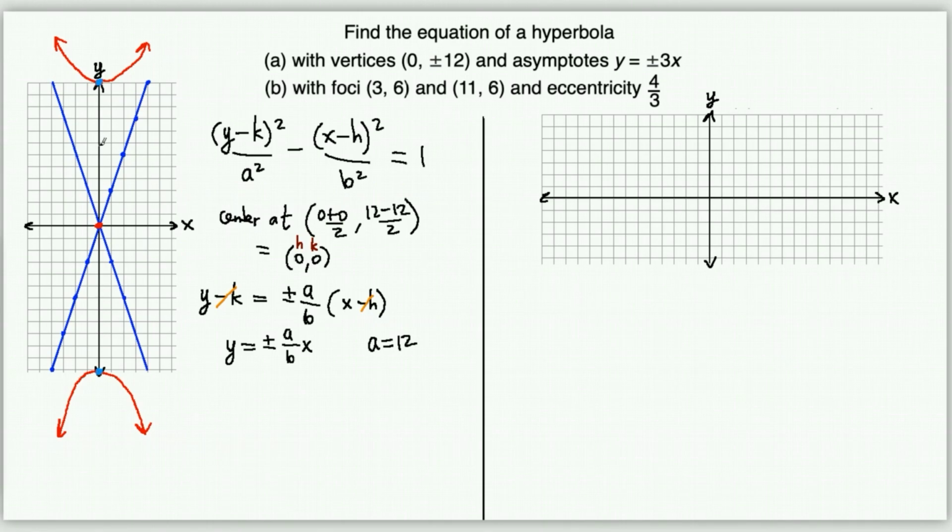So 12 plus 12 divided by 2 is 12, right? So I can show it to you. 12, the actual distance from one vertex to the center, plus another 12, the distance from the center to the top vertex, divided by 2 gives us the average, or the value of the a, right? So that's going to be precisely 12. So a is equal to 12.